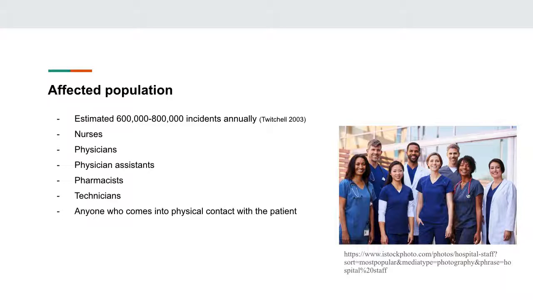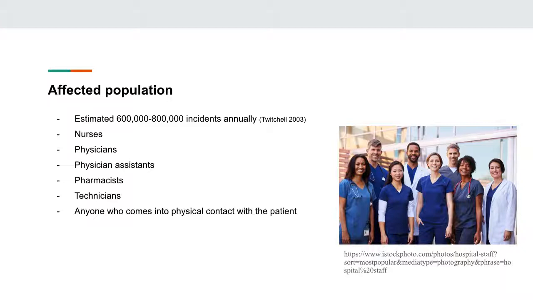So let's discuss which populations are affected by these bloodborne pathogens, specifically in the context of occupational exposure. As you have probably guessed by now, healthcare workers are among the affected population, as I have been asked here to talk to you today.